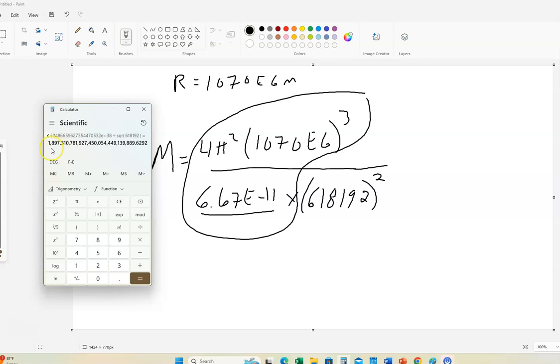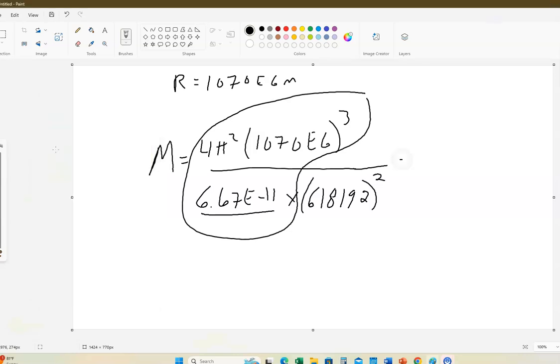All right, so this turns out to be 1.897, but we're going to go one place past the decimal, so it's going to be 1.9. And I've done this already, so I already know that it's times 10 to the 27th kilograms.